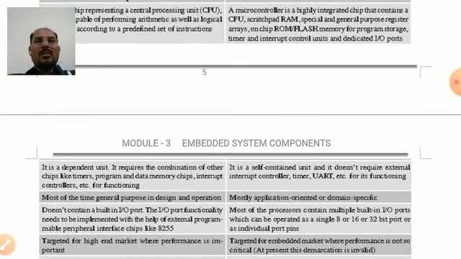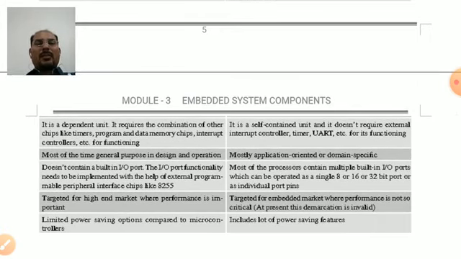See here, a microprocessor is a dependent unit because it does not have the features I said before, but all are necessary for an embedded system. So all have to be added to the microprocessor. Hence, the microprocessor depends on all these things, whereas they are all present on chip with the microcontroller.